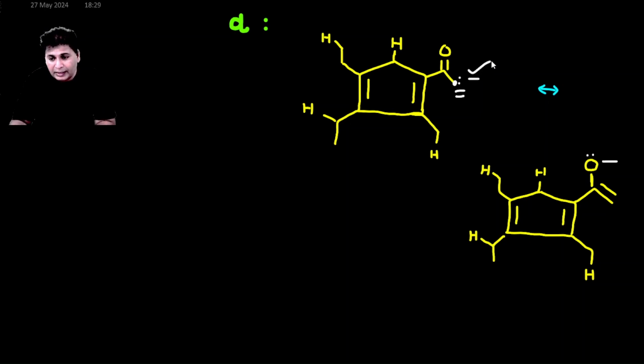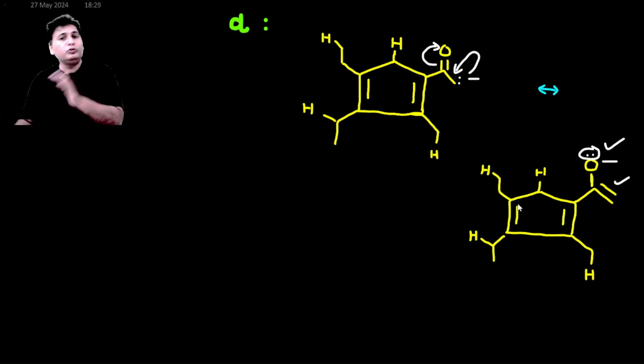How? Minus, single, double, and because of that a resonating structure will be formed. How? You have to delocalize these electrons to make a new pi bond, and simultaneously this pi bond will be sitting on this oxygen, and you will get a lone pair and a minus charge right over this oxygen, and a new pi bond is also seen.